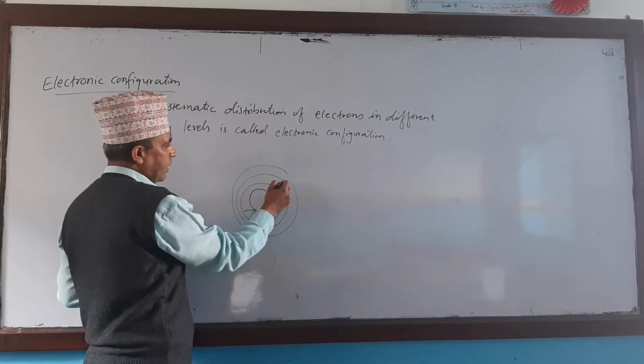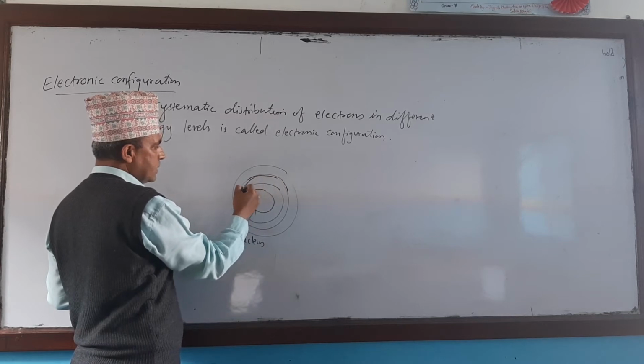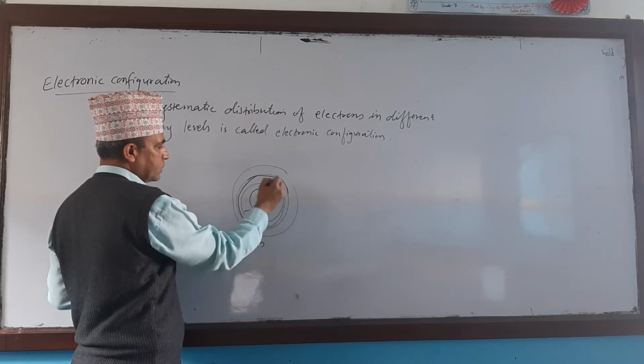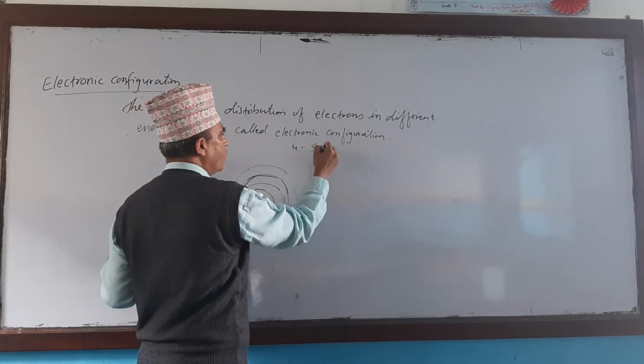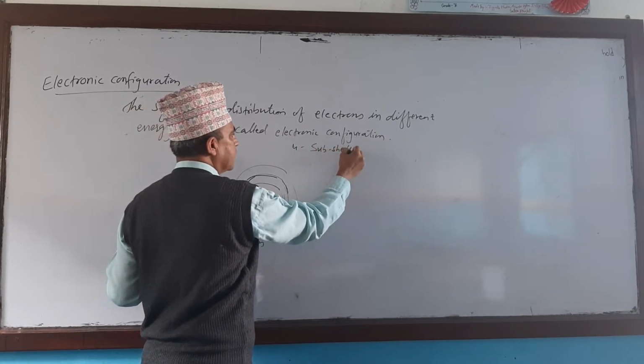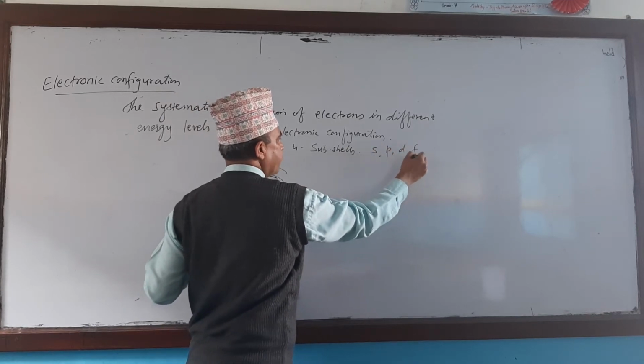Each shell or orbit is divided into smaller regions. These are subshells. We know there are four subshells: s, p, d, f.